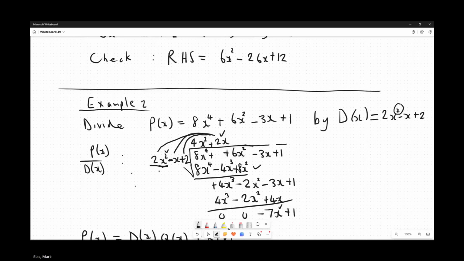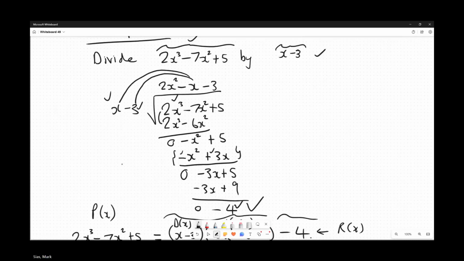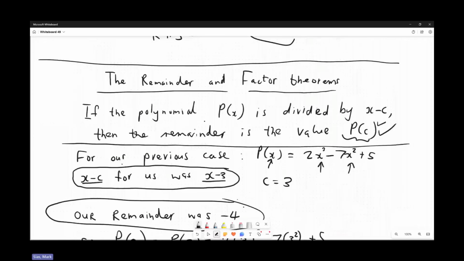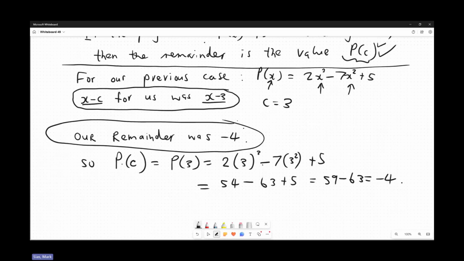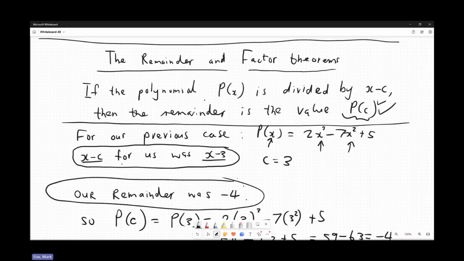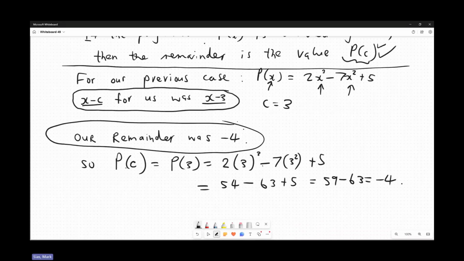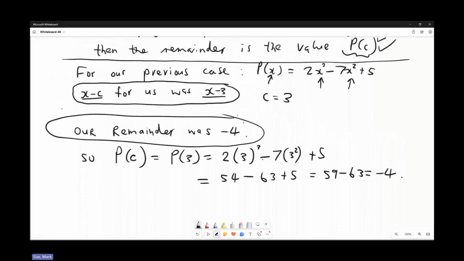Right. So for example 1, so check. We're looking at the remainder theorem, right? If the polynomial p of x. So what was this? Example 3. This was for example 3. I just want to note this down, guys. This was example 3.